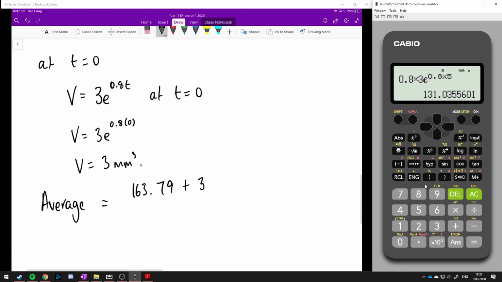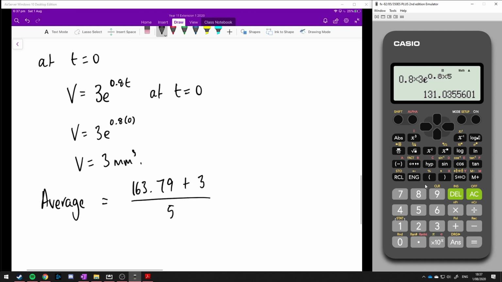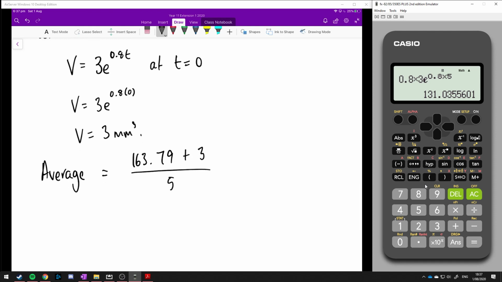Plus 3 divided by the time it takes to get there, so 5. Or 5 plus 0. So 163 plus 3 over 5. So 166.79 divided by 5. And that gives us 33.358 millimeters cubed per second.